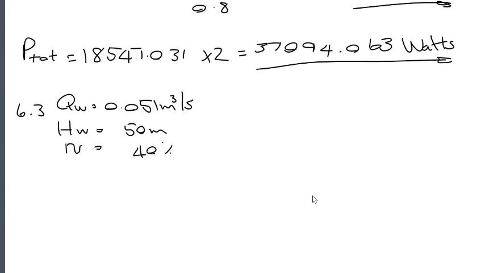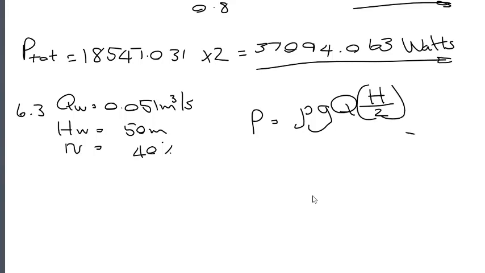Okay, now we can do the next one. Here we have the same formula again, where power is equal to the density times gravitation times a Q value, times H, this time divided by 2 because we have 2 pumps in series, divided by our efficiency.